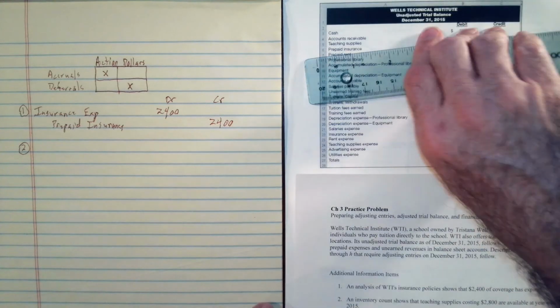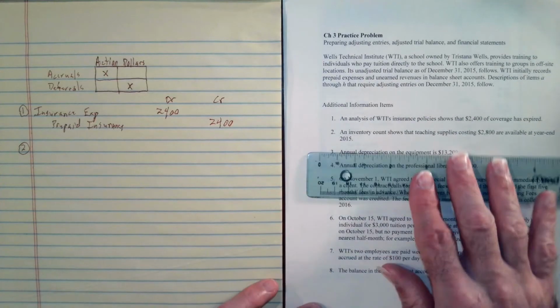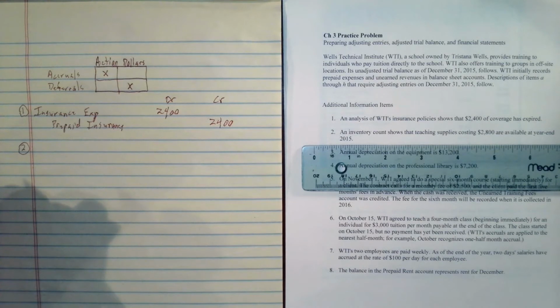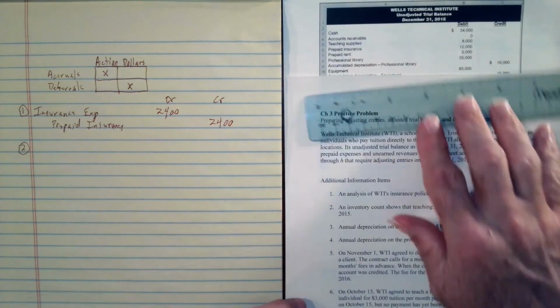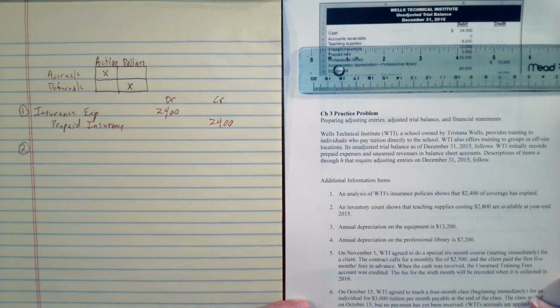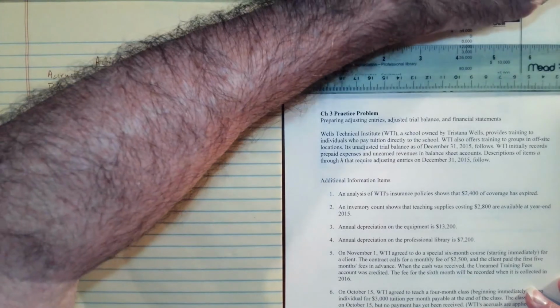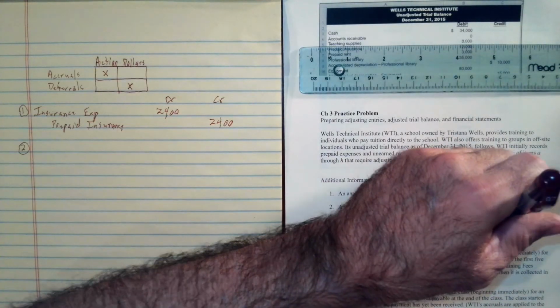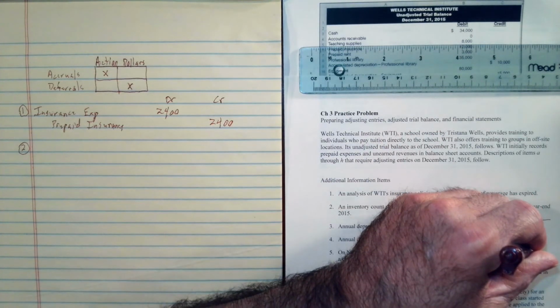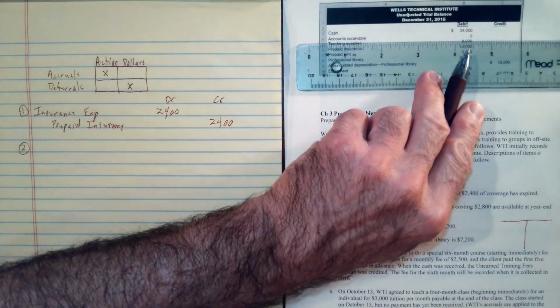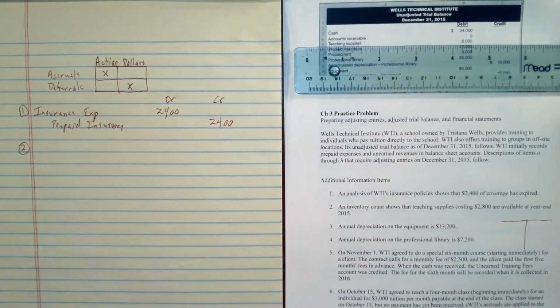Okay? Next item. An inventory count shows that teaching supplies costing $2,800 are available at year end 2015. Now here you got to be a little bit of a detective, okay? Here's our teaching supplies right here. It was at $8,000. So if I did a T account for teaching supplies, I started out with a debit of $8,000.